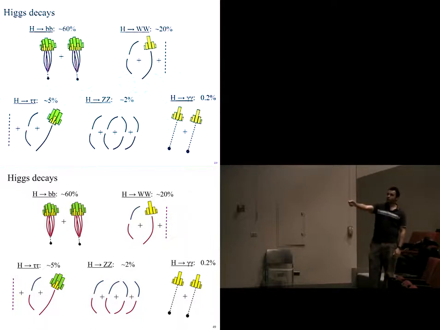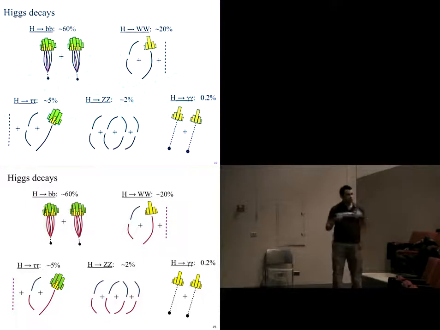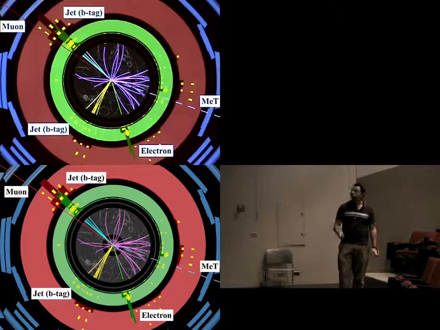It can decay to two taus, so we can get a muon from a tau, or what we call the hadronic tau decay, plus missing energy. It can decay to two Z's, which then decay to leptons, or it can decay to two photons, which we just saw. And so this is really the way that we think about the basic inputs.